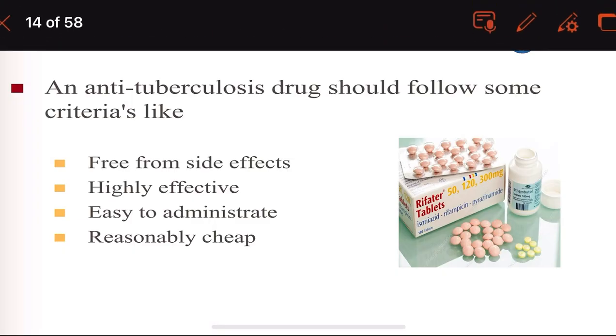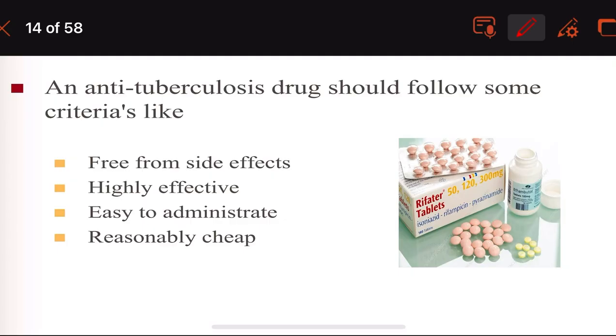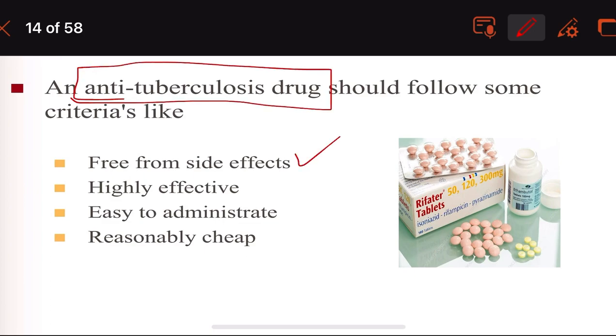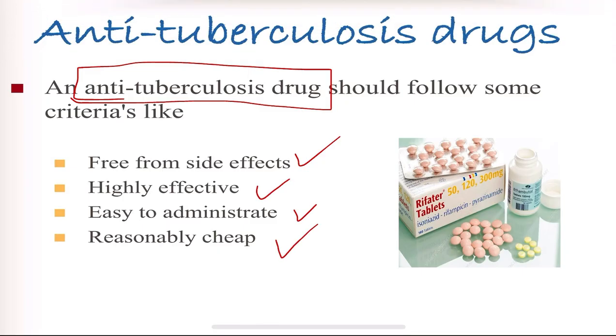The anti-tubercular drugs, which we will discuss in further slides, include the various first line drugs and second line drugs. These drugs have to be free from side effects. They should be effective, easy to administer, and reasonably affordable. They should be cheap, and the administration should be easy. Being effective, they should not contain any sort of side effects.